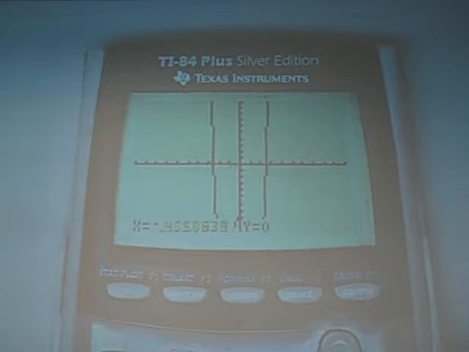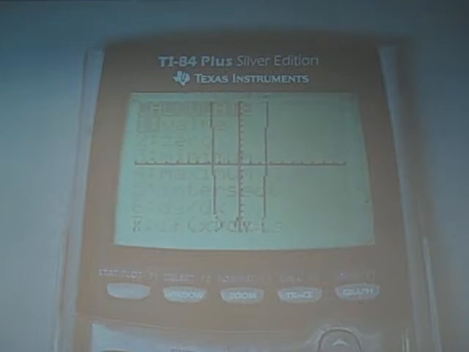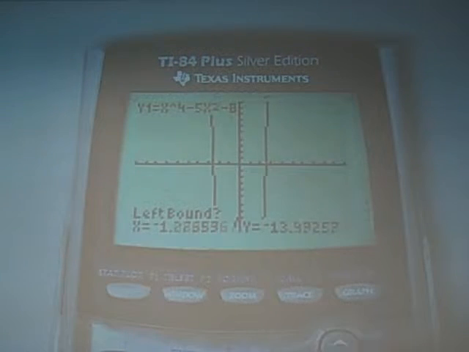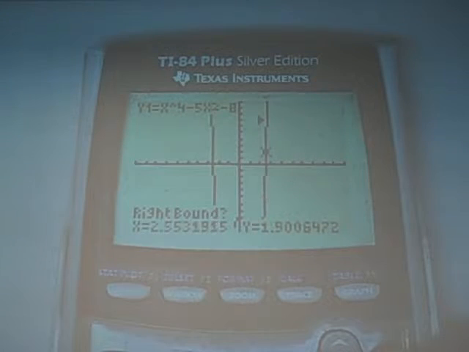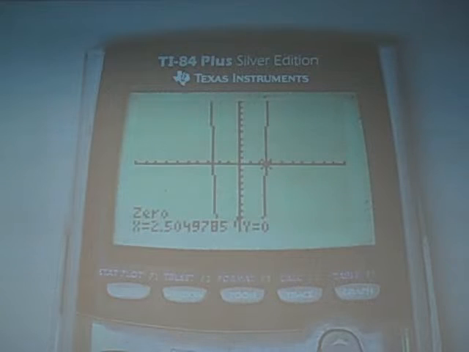And then to find the other one, we repeat this process. So go just to the left of that crossing, then go just to the right of it, and then a guess.